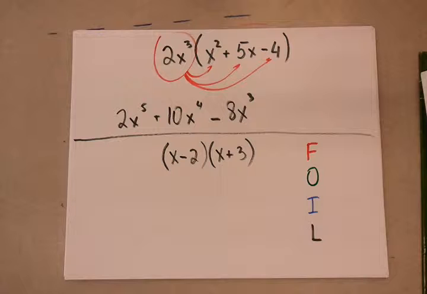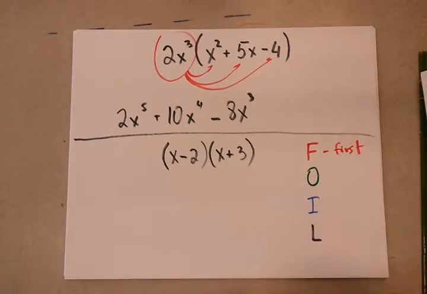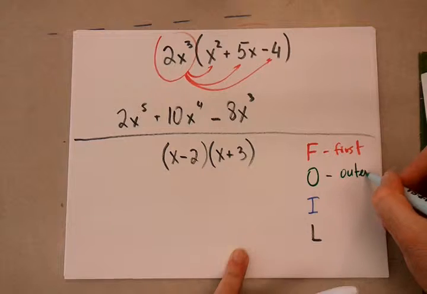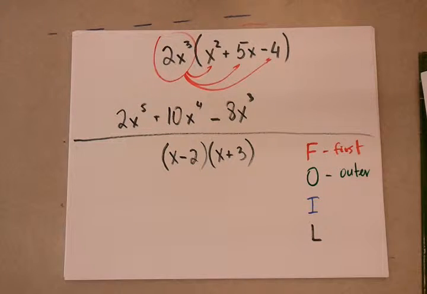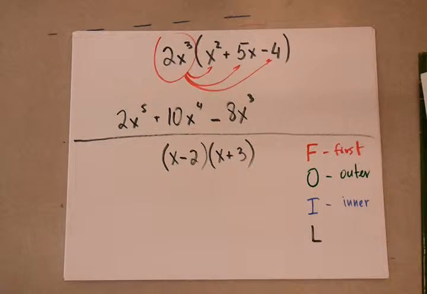FOIL is an acronym that stands for first, outer, inner, last.